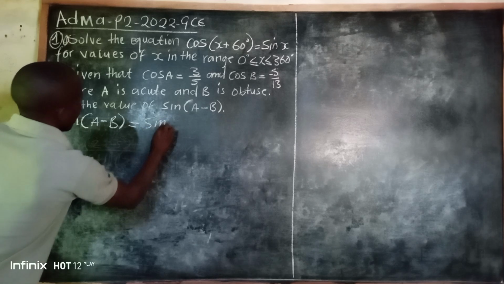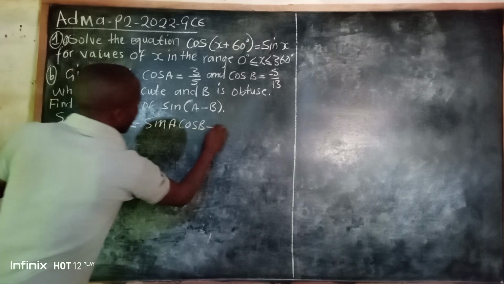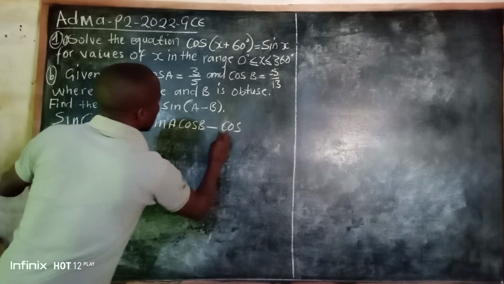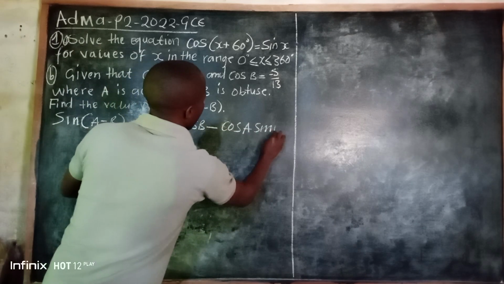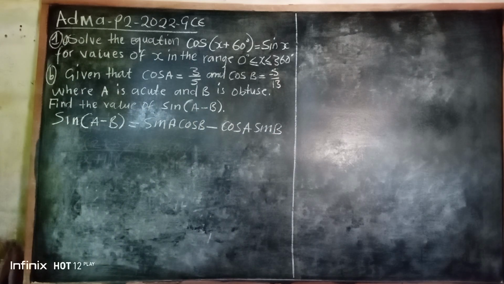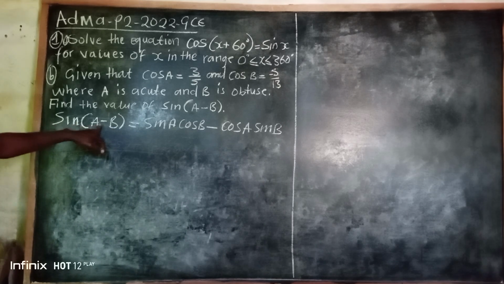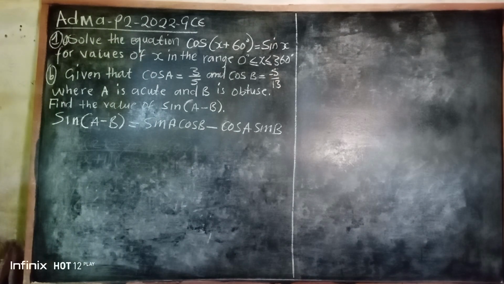We say sine A cos B minus cos A sine B. Okay, so you have seen how to expand sine. It's a bit different from cosine. Remember, for sine, we say sine A, then cos B, then we still maintain the operation sign which is there, minus cos A sine B. Okay, that is the way to go.